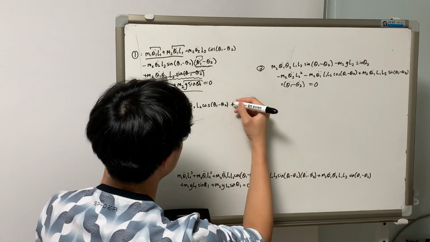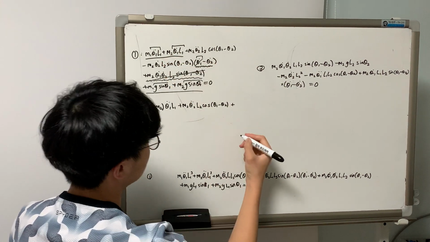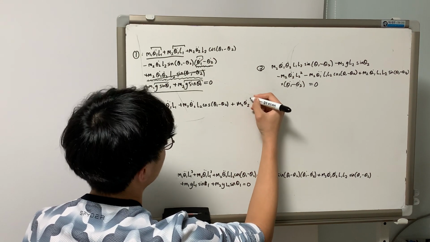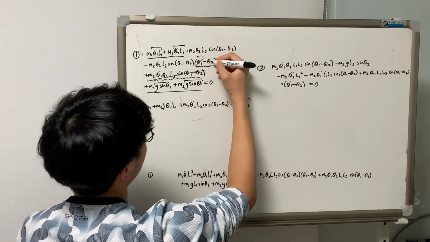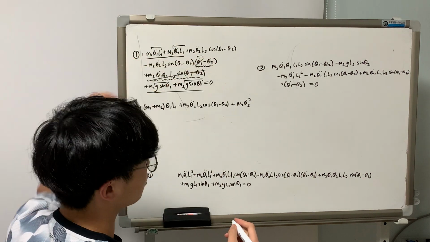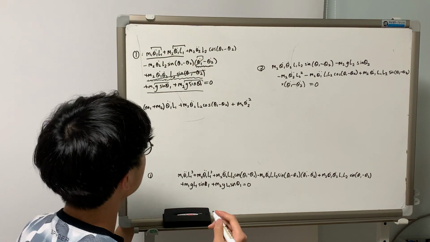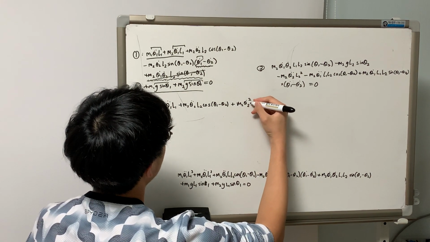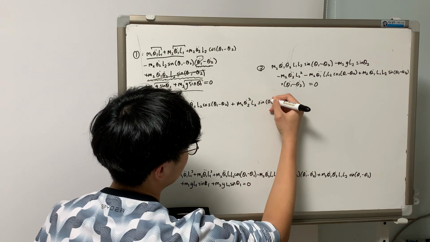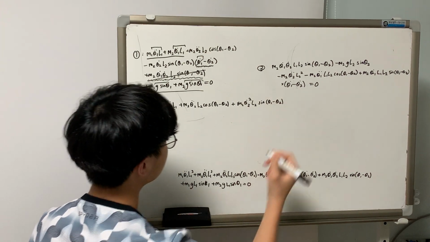We had plus, because it's a minus times a minus, so plus M2 theta 2 dot squared, because we're multiplying a term by theta 2 dot, so plus theta 2 dot squared L2 sine of theta 1 minus theta 2.